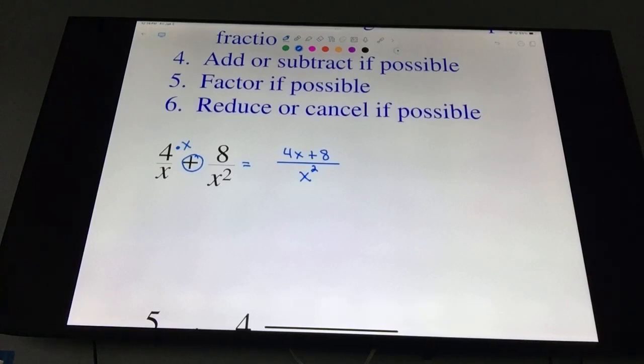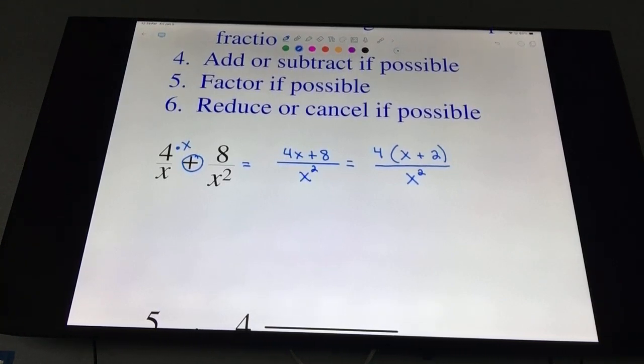They're different terms. One has an x, one doesn't. Factor, that I can do. They both have a common factor of 4. So 4 comes out. 4 into 4x leaves me x, plus 4 divided into 8 is 2, over x squared.